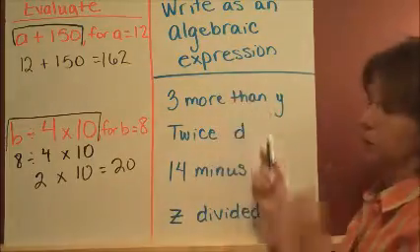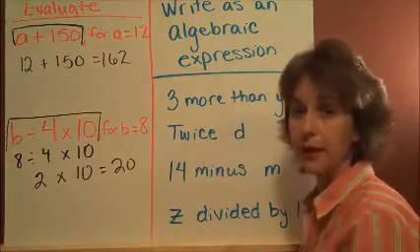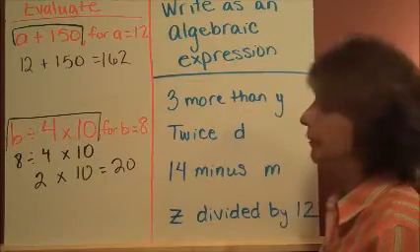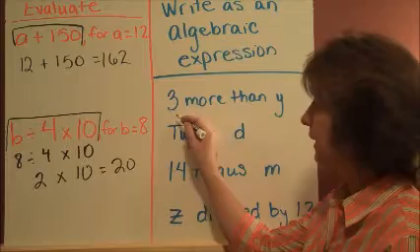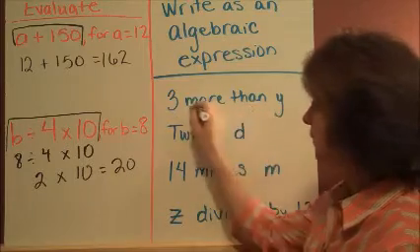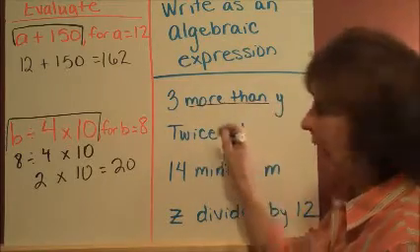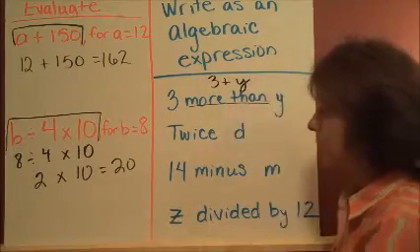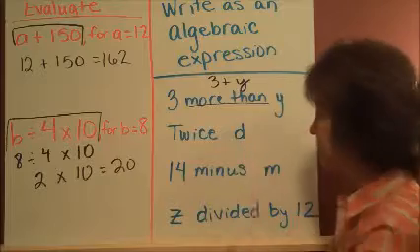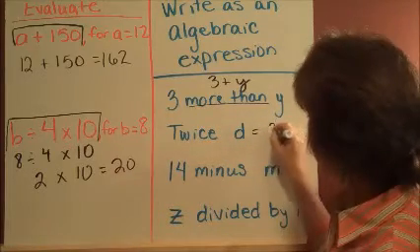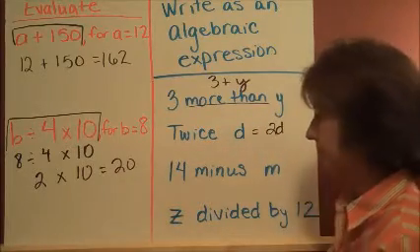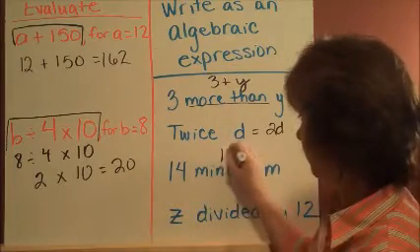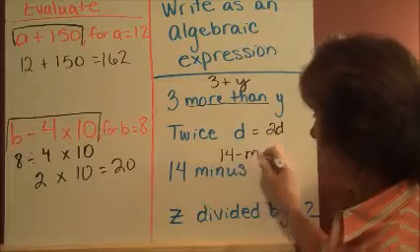These they're asking us to write as an algebraic expression. That means write them and don't worry about solving them. 3 more than y. More than means add. So I'm going to write 3 plus y. Twice d means 2 times d. 14 minus m is just as it says, 14 minus m.